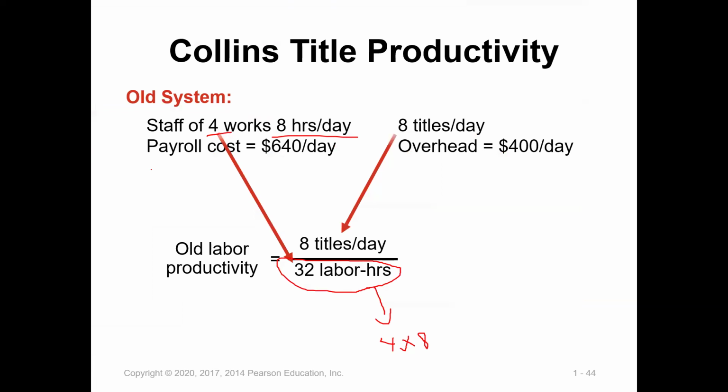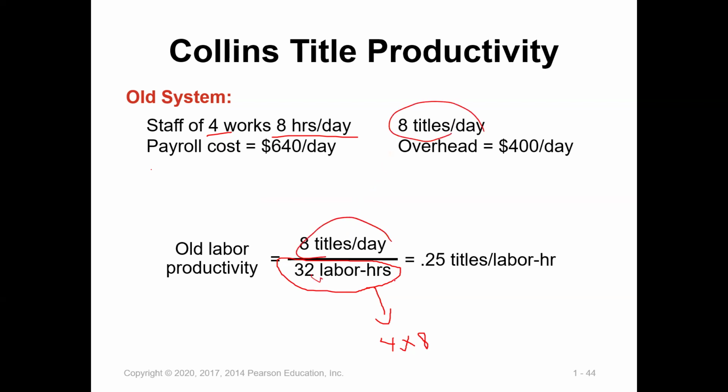Let's see. The old system, as we said, we have 4 workers, 8 a day. So the input is 32 hours. How many titles do they make? 8. So 8 divided by 32, which is 0.25 titles per labor hour. This is the single factor productivity for the old system.